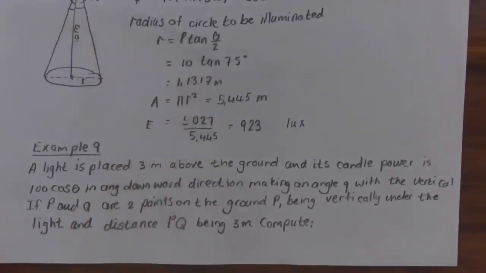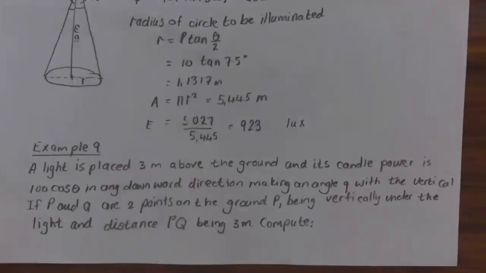Right, example 9. A light is placed 3 meters above the ground and its candle power is 100 cos theta in the downward direction, making an angle theta with the vertical.